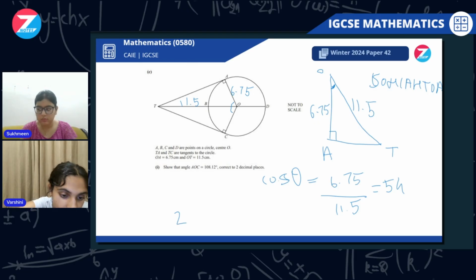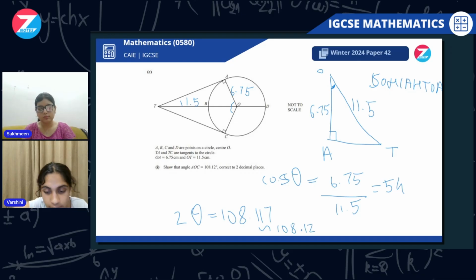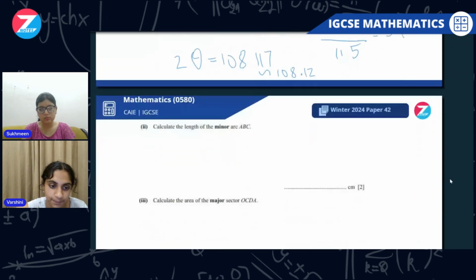So 2 times theta is going to be 54.05 into 2, and we're going to get 108.117. And they want it corrected to 2 decimal places, so it's going to be 108.12. And don't forget to put the exact values into your calculator and not round them off.